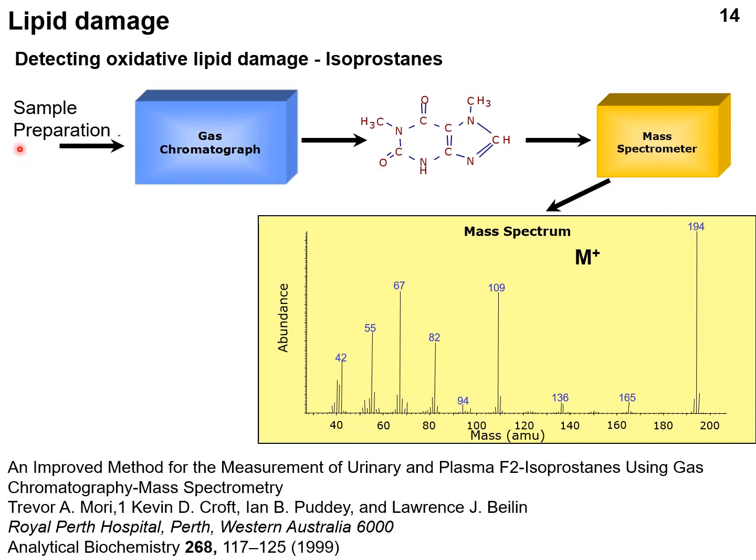This involves a fairly arduous sample preparation step, then putting the sample into a gas chromatograph, where it separates out the compounds, and then running it through a mass spectrometer to pick up the particular isoprostanes you're interested in. Generally these are the F2 alpha isoprostanes. In fact, one of the major papers for the development of this technique came from Royal Perth Hospital around 20 years ago.